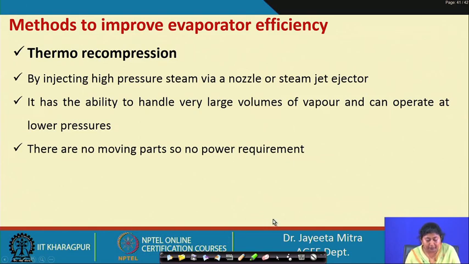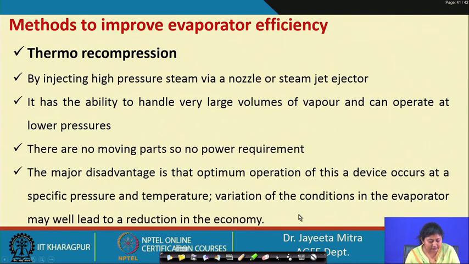There are no moving parts as needed for mechanical vapor recompression, so no power requirement is needed.